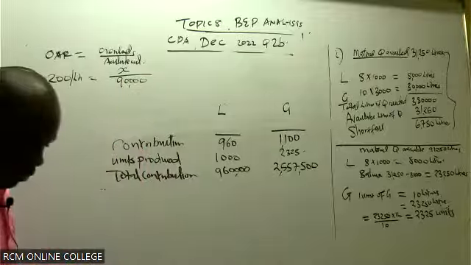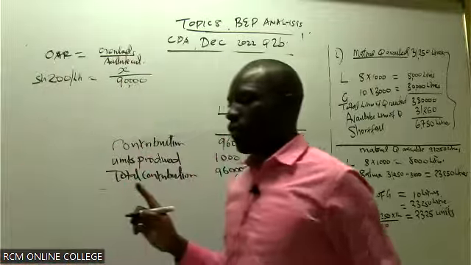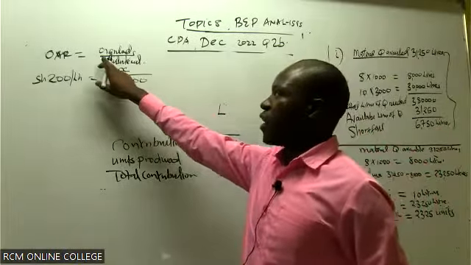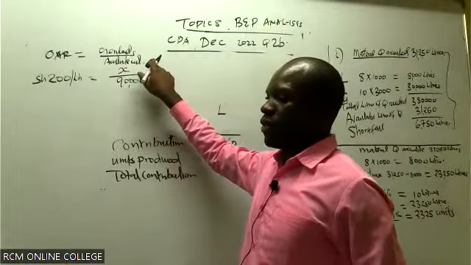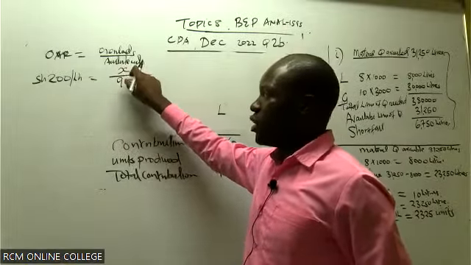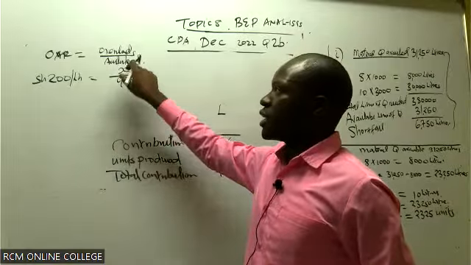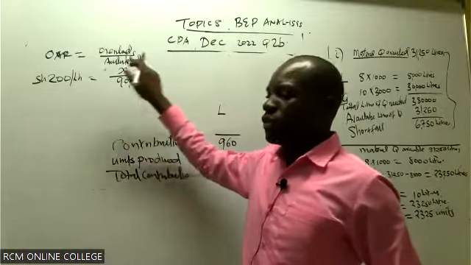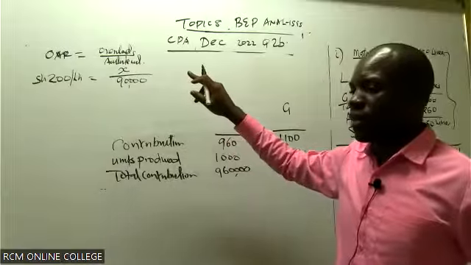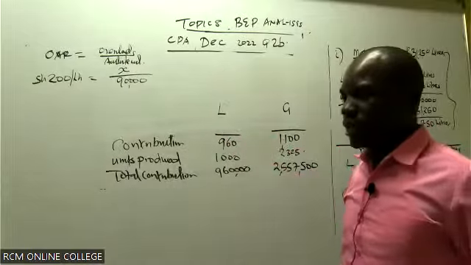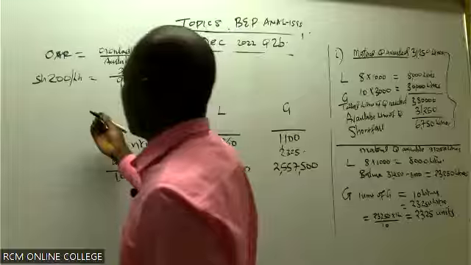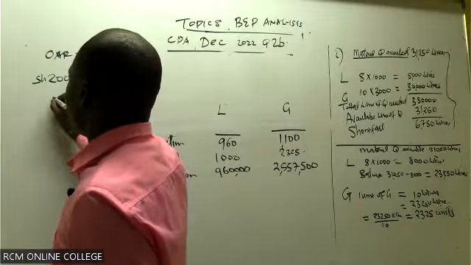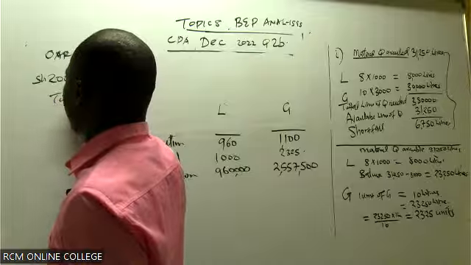Are we together? Are we seeing something back in topic number 4? Total overheads divided by activity level. Our total overheads are unknown. We are given total activity level, which is labor hours, and we are given the rate. Is it possible for us to get X? Give me the value of X. Our X is basically the total overheads.